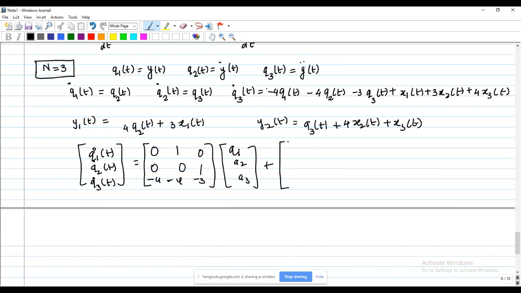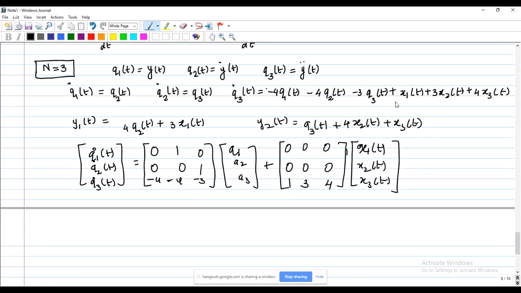So we don't have anything for the first row, anything for the second row, but with the third row we do have. First is 1, 3, and 4. This is multiplied by x1t, x2t, and x3t. The last final we have 1, 3, 4. That is what we have written about. So this is my q dot t, this is A, this is B.